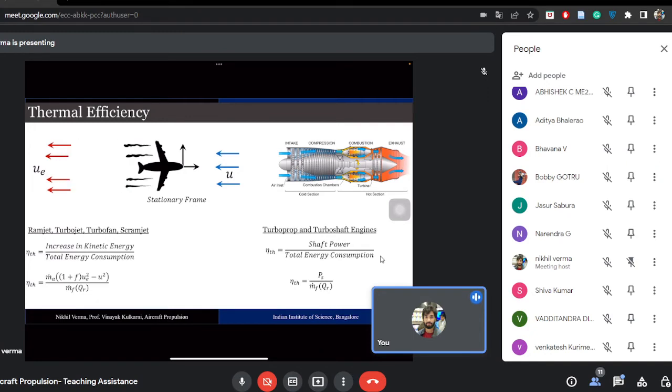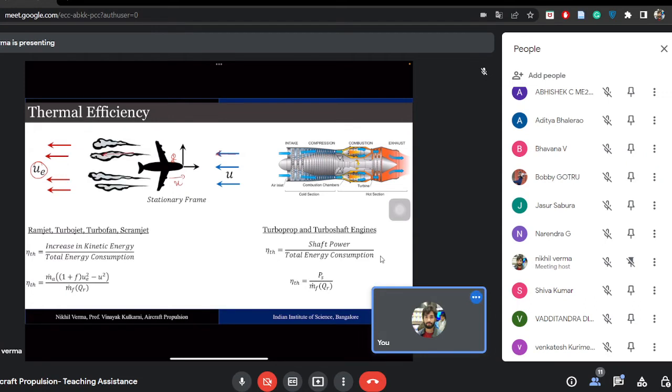If you are in a stationary frame of reference and you have some wind that is coming in, which will be equal to the velocity of the aircraft, and the exhaust gases are being expelled by a velocity of Ue, how much fuel you are spending to increase this kinetic energy is denoted by the thermal efficiency.